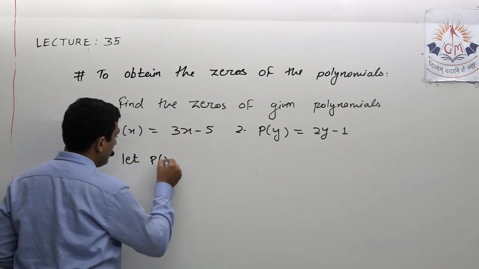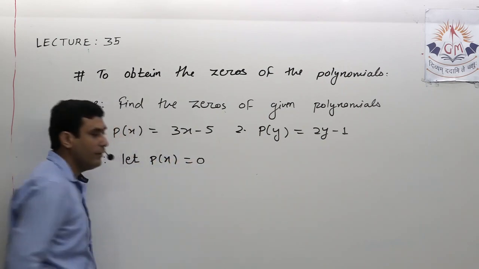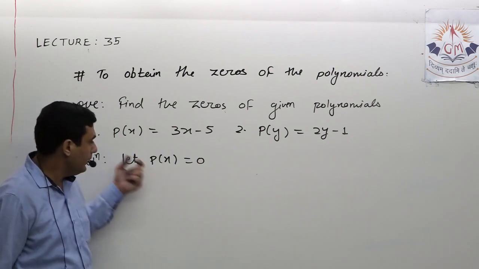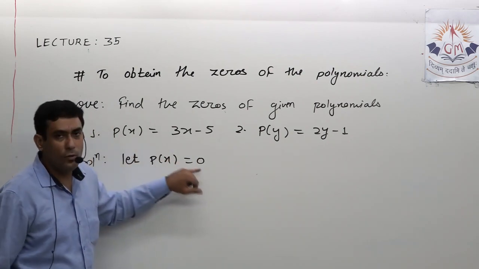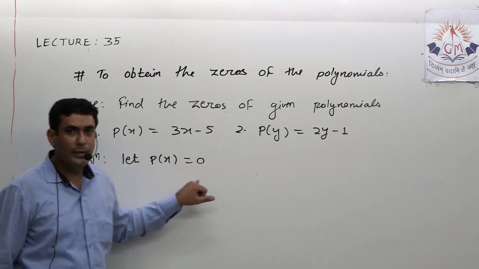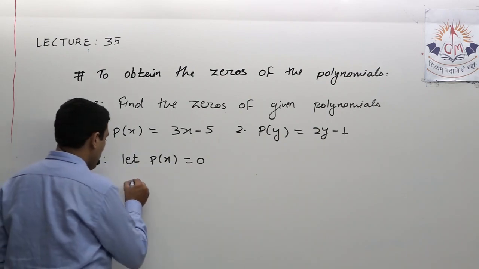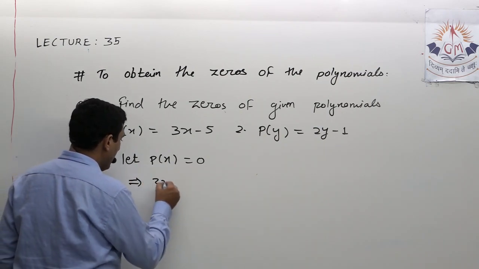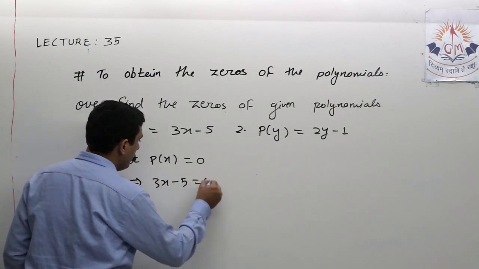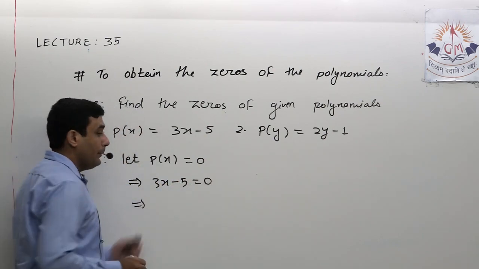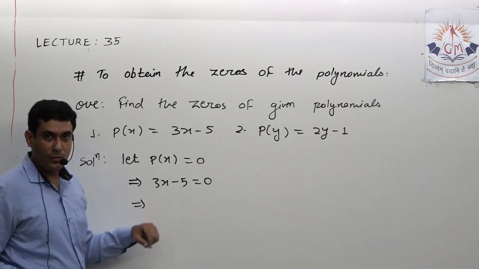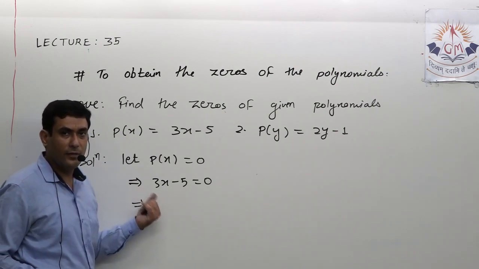We'll start with this. Let P(x) equal to 0. This is the first step. Whenever you have to find the zeros of a polynomial, equate the given polynomial to 0. So let P(x) equal to 0, which gives you 3x minus 5 is equal to 0. Now make the unknown the subject of the formula, or in other words, get the value of the unknown.